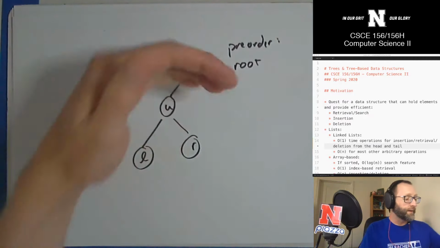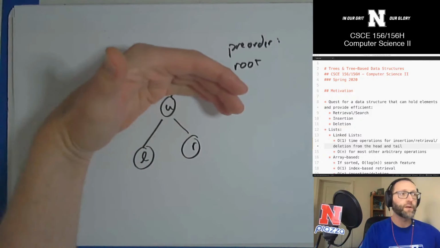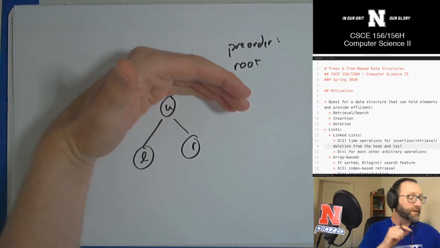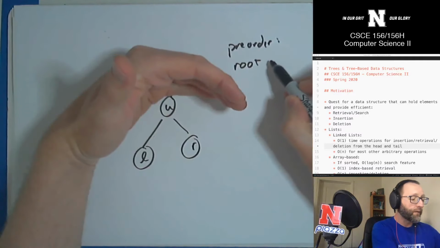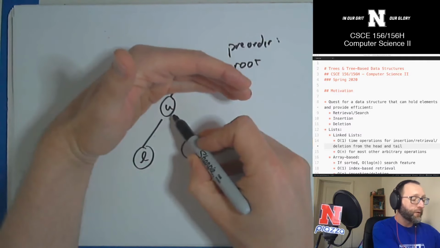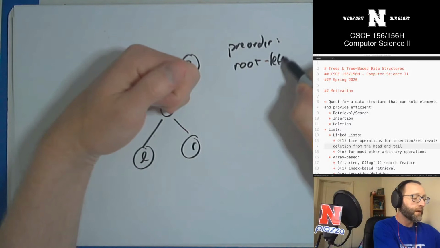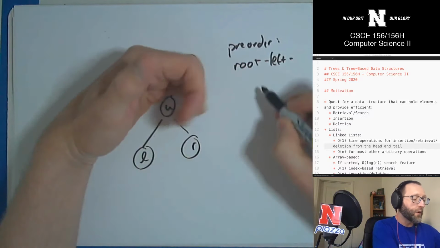So in other words, this could be the root up here. But then when we traverse down to this child node down here, then that becomes the root of the subtree rooted at that node. So it's going to visit the root. It's going to process the root first, then go down to the left subtree. Then after it's done processing the root, then the left, it'll go onto the right subtree.